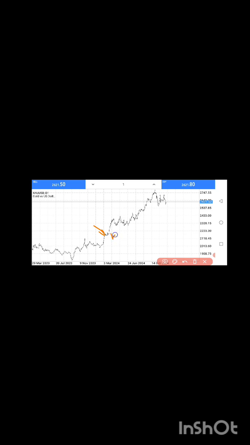When you connect these 2 points, the slope of these 2 points is what? Positive. Okay, the slope is positive.